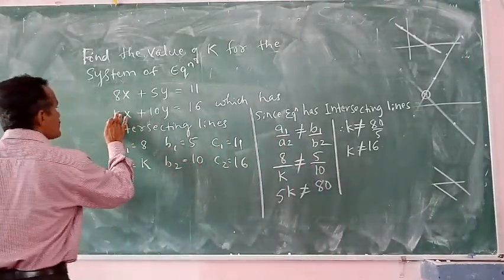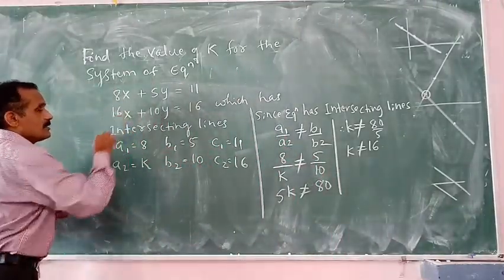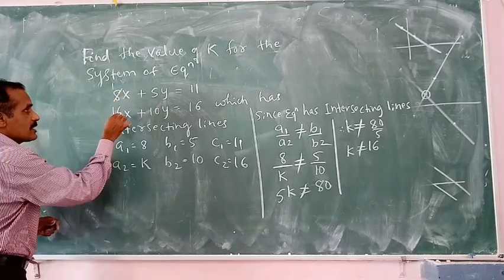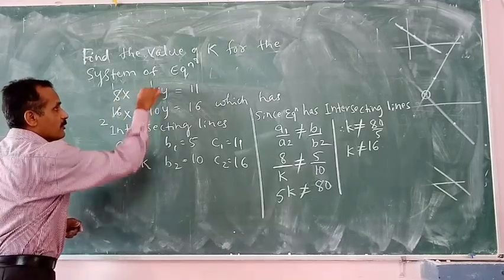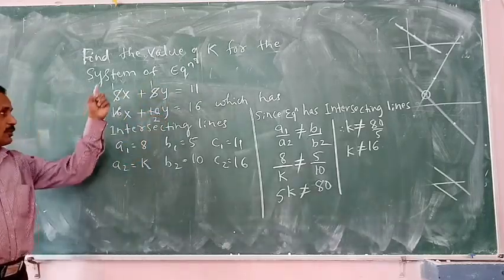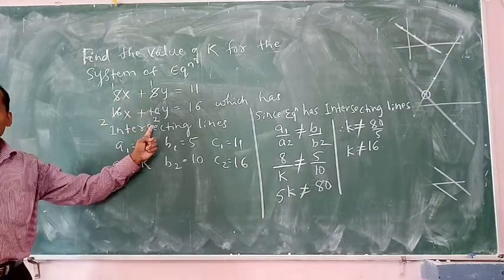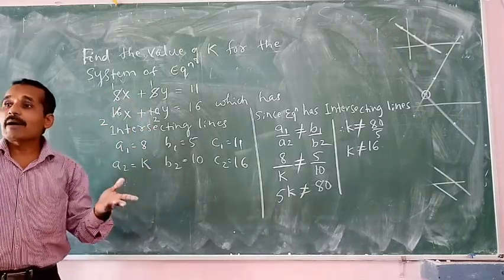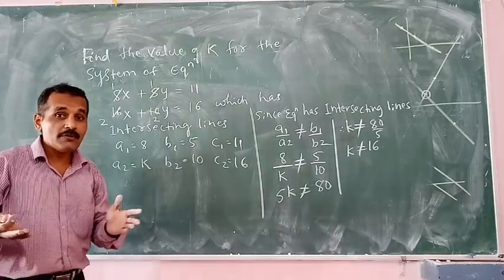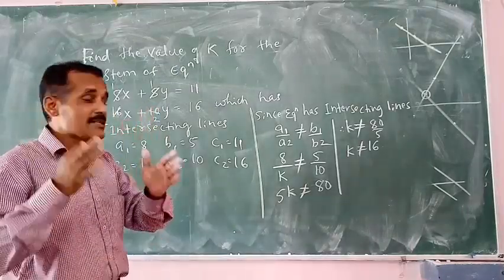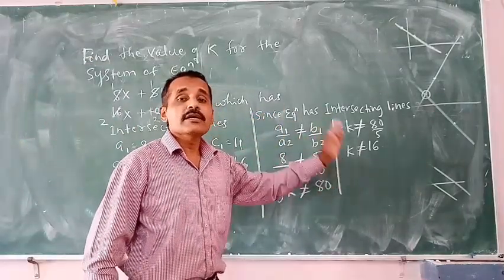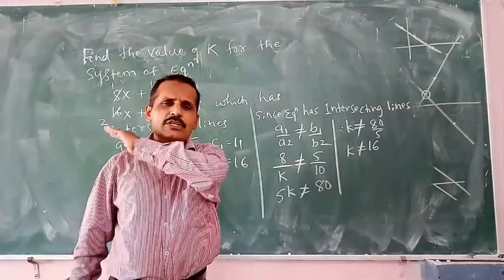Then what happens if you give here 16? Let us see. Then 8 ones are 8, twos are 5 ones are 5, twos are 10. This will be 1 by 2. This will be 1 by 2. That is the question of parallel lines. That is the reason we say don't give 16, except 16 give any value.